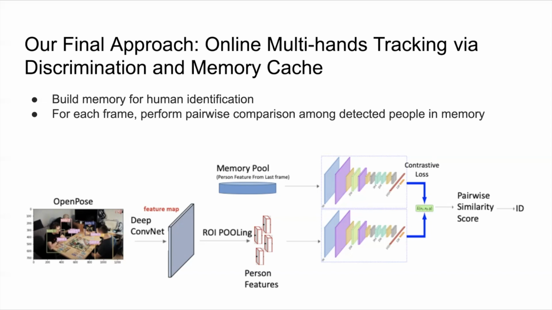We decide this based on a threshold on the similarity score. If the maximum similarity score is above the threshold, we assign an existing ID. Otherwise, we assign a new ID and add the human patch to the memory.